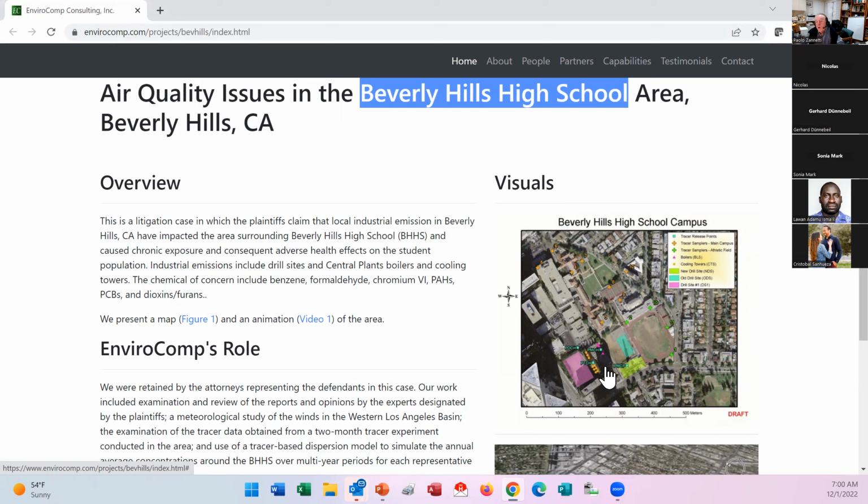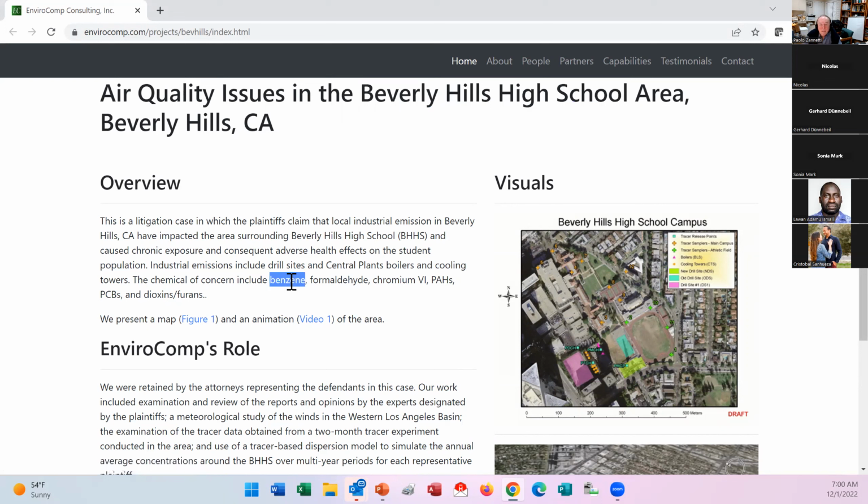Whenever you have oil extraction, of course, you may have some leaks and some emission of benzene, formaldehyde, chromium-6, PAH, dioxin, and so on. So in theory, all the students who were studying in high school in Beverly Hills could have been affected by a certain concentration caused by this oil extraction.